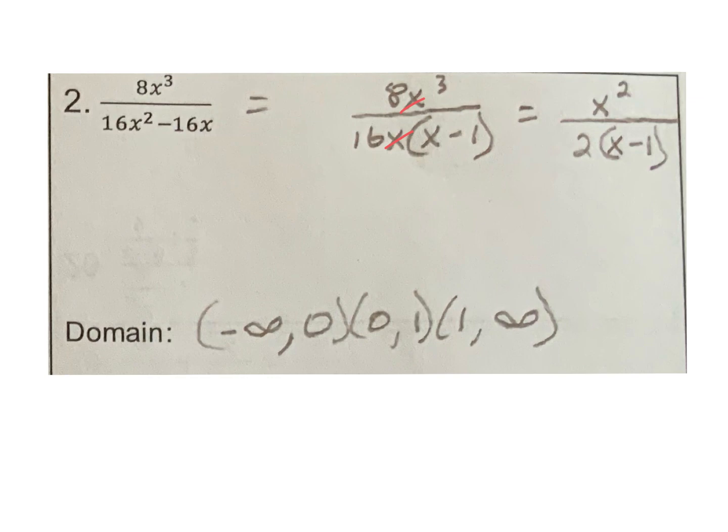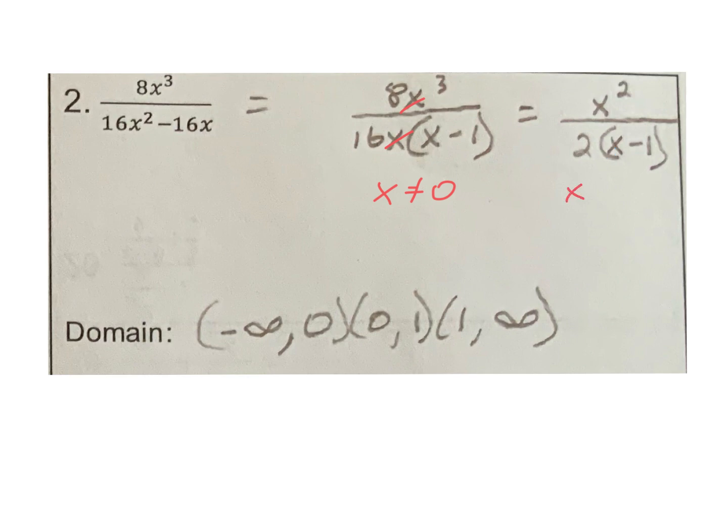Well, when we factored out those two x's in the numerator and denominator, we know that we cannot have a 0 in the denominator, so x cannot equal 0. And then in our simplified expression here, we have x minus 1, so we know that x cannot equal 1.